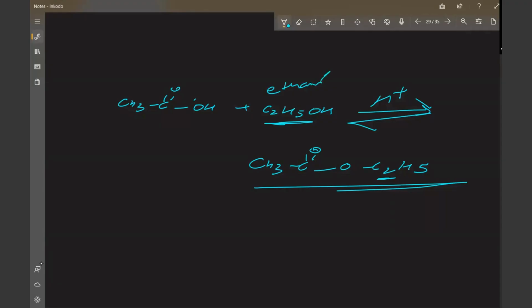This is the only ester, in my whole teaching career, that I have seen come in your exam. Sometimes they will ask you to complete the structure of this particular ester because only this reaction, esterification, is in your curriculum, no other ester. In the rarest of rare cases they will ask any other. Otherwise, if they want to frame a question, they will ask you to name this one.